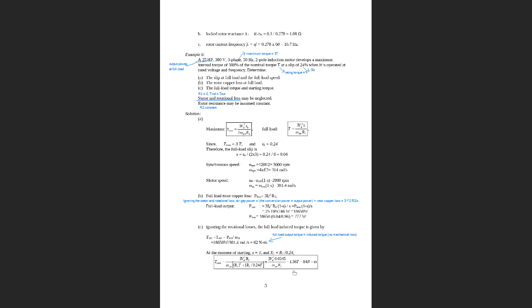The focus here is on the torque issues: the starting torque, the full load torque, and the breakdown point torque or stalling torque, which we call the maximum torque. That's the meaning of it.